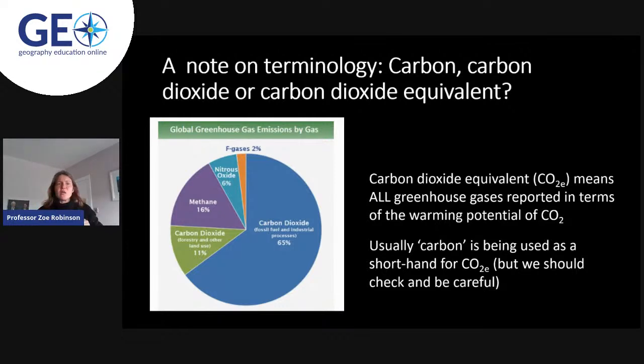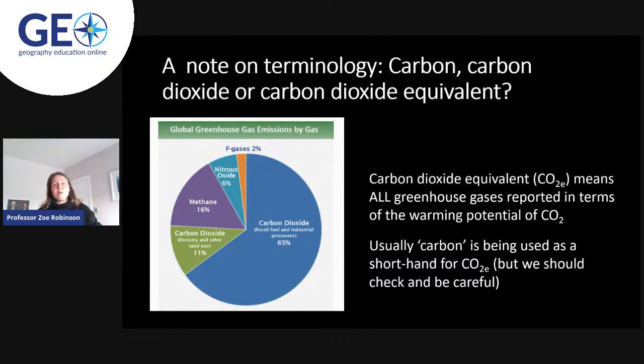So we're only using one value, we're calling it carbon dioxide equivalent, but it actually involves all of our greenhouse gases. So sometimes people say carbon dioxide when they actually mean carbon dioxide equivalent because it includes all of the greenhouse gases.